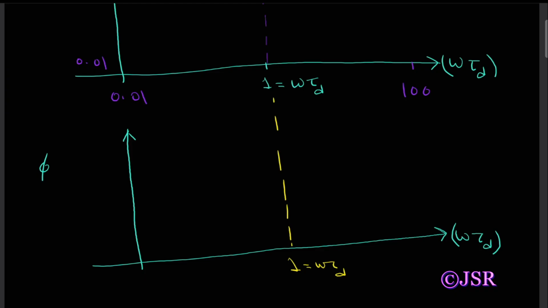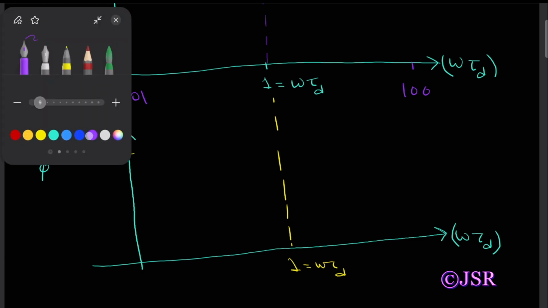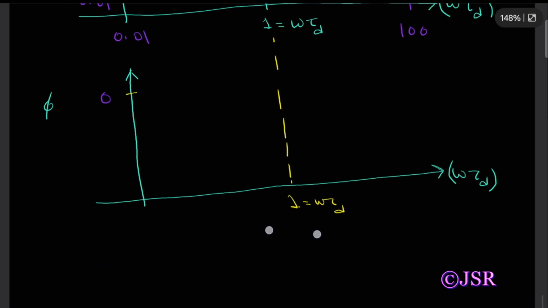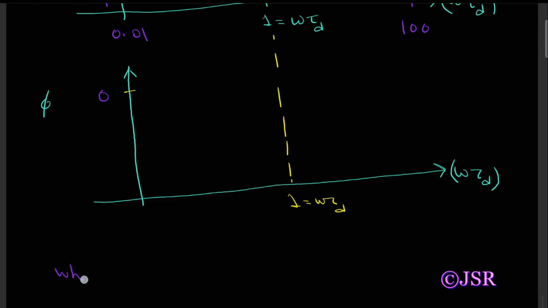When omega is 0, omega tau d tends to 0, which means phi will tend to 0, so this will be 0 degree.